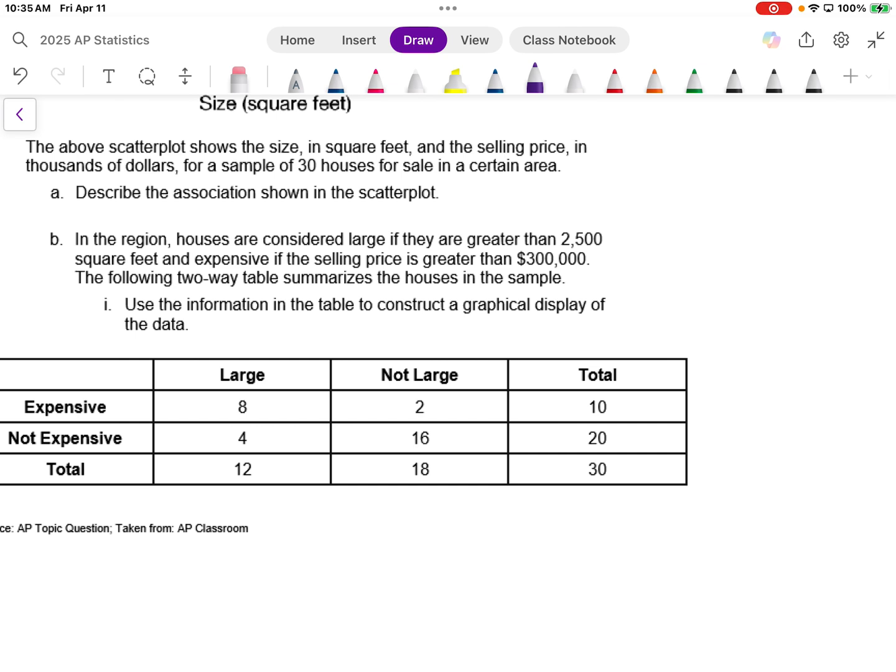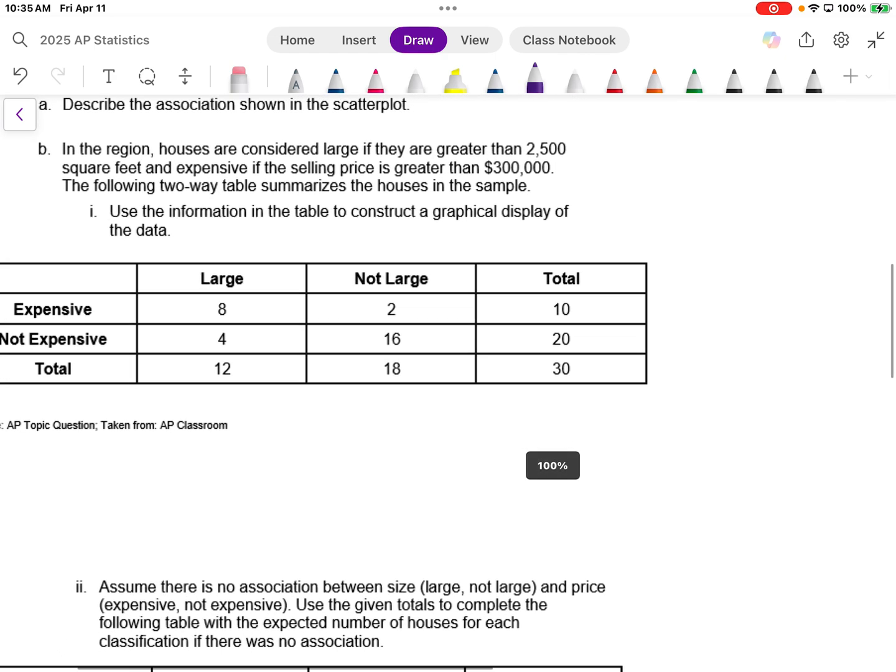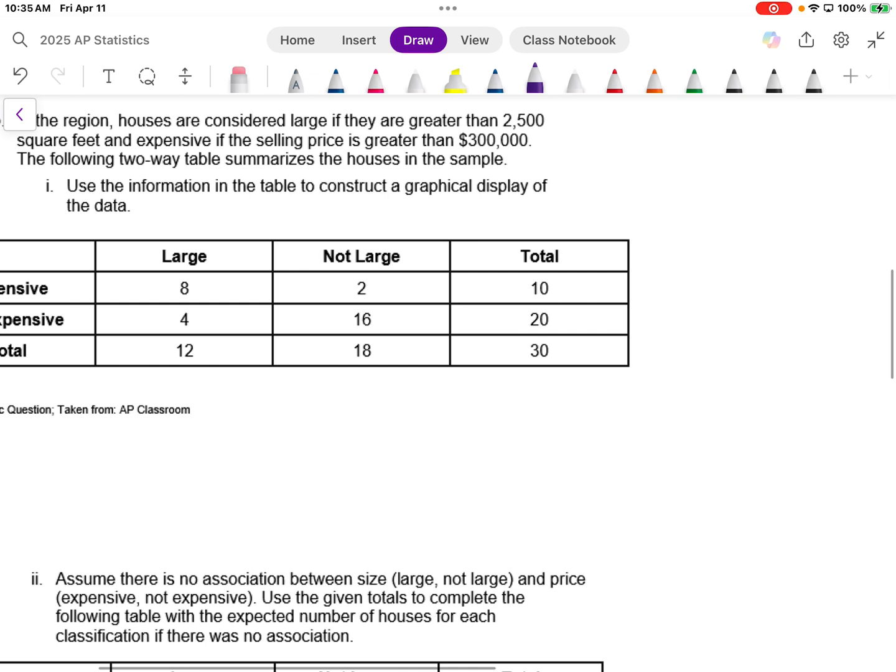Use the information in the table to construct a graphical display of the data. As you do your graphical display, you want to make sure that you draw and label both axes. You want to plot your values. That doesn't mean we plot ordered pairs, but we're going to plot our values.